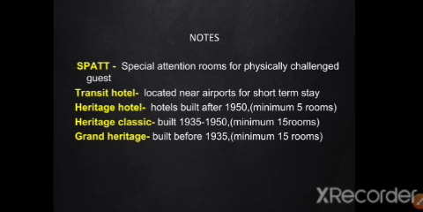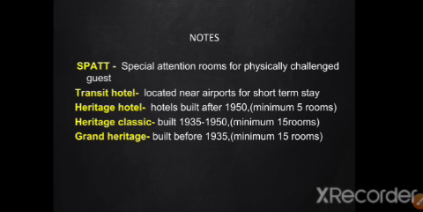These are the hotels or monuments, villas, forts which were built before 1950 and, as per the committee approval, satisfy all the criteria of a heritage hotel. So they are called heritage basic hotel or heritage hotel.